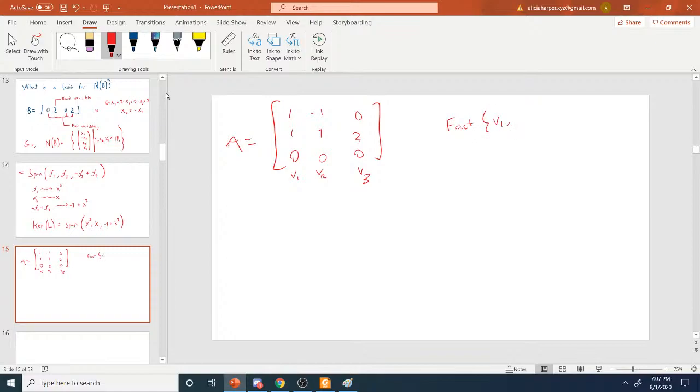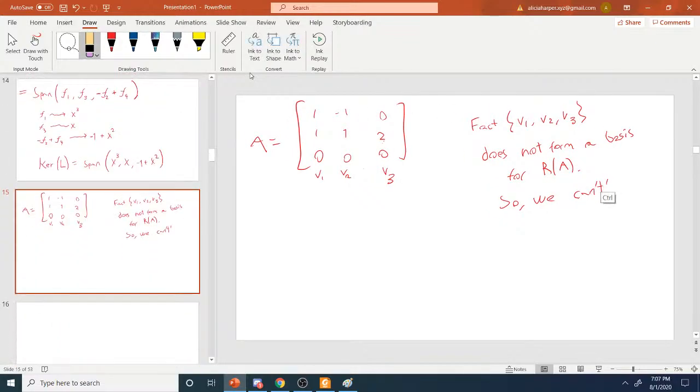The set v1, v2, v3 does not form a basis for the column space of A. So we can't apply the Gram-Schmidt algorithm.